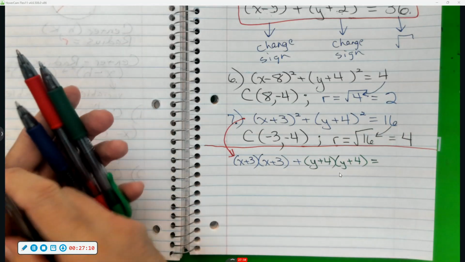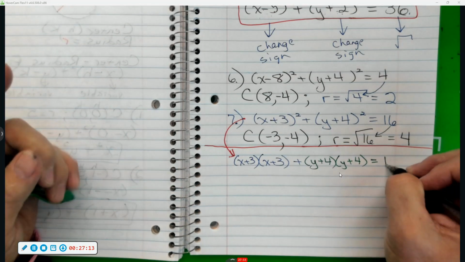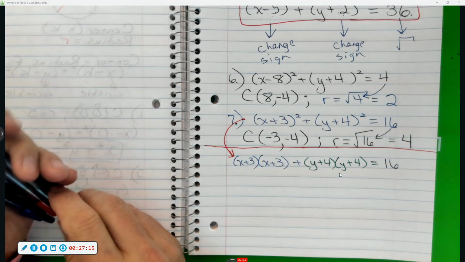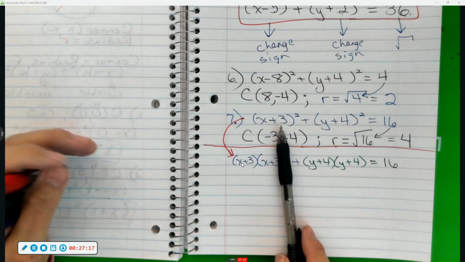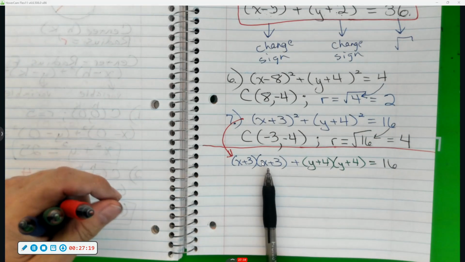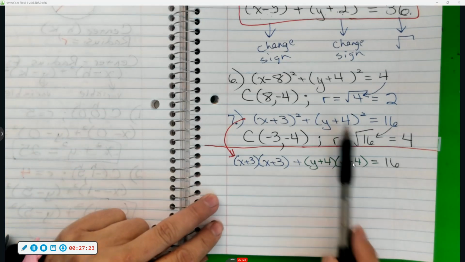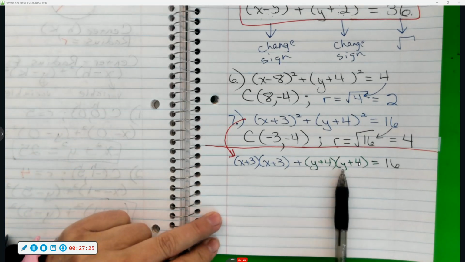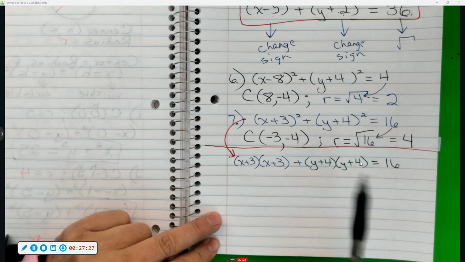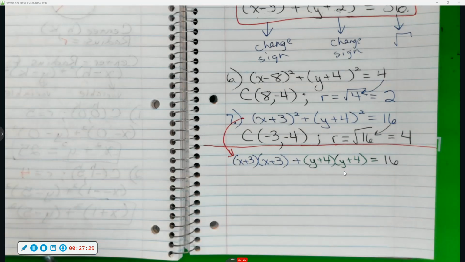I'm going to do something with that 16 in a moment, but for the time being, I'll just leave it there. The x plus 3 squared, I wrote as x plus 3 times x plus 3, plus the y plus 4 squared, I wrote as y plus 4 times y plus 4. Now I'm going to start foiling.